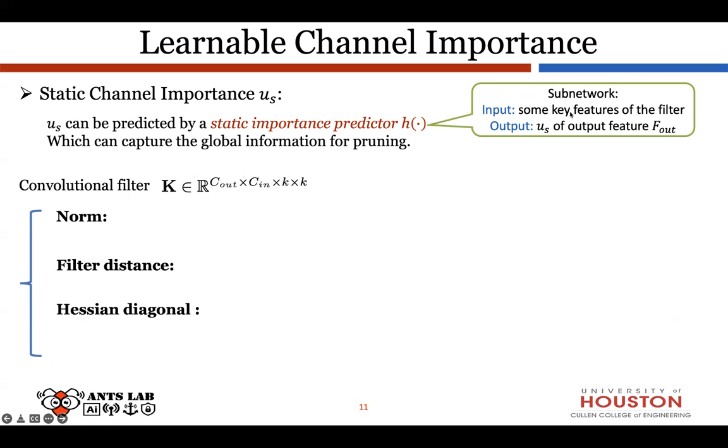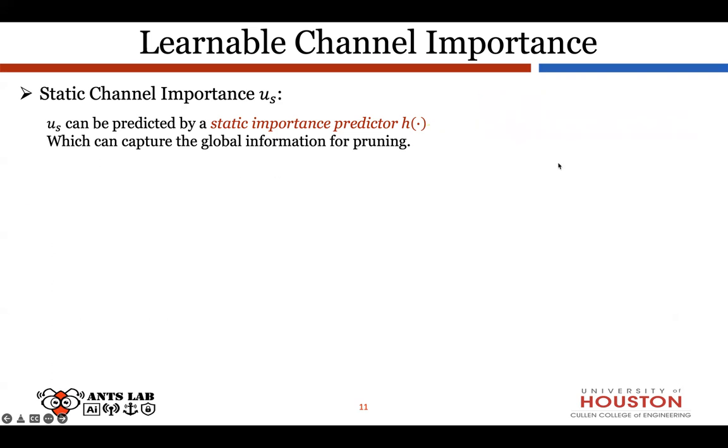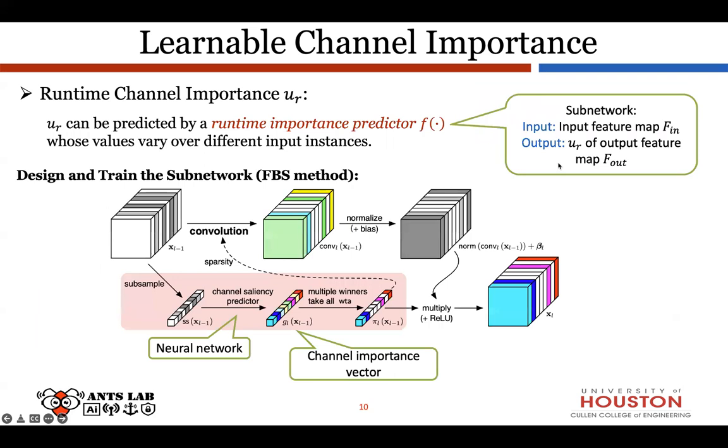But even for the runtime importance predictor, it should also depend on the filters, right? But now it looks like it only depends on the input feature. I mean, the input should include both the input feature map and also the filters, right? The filter features.